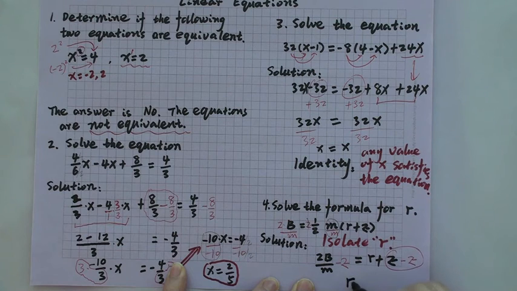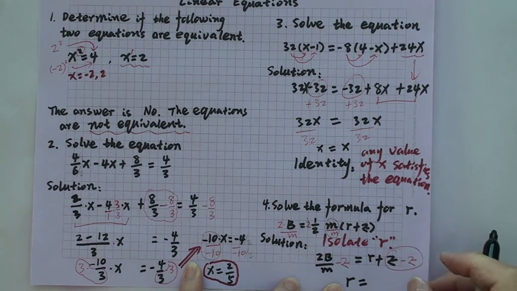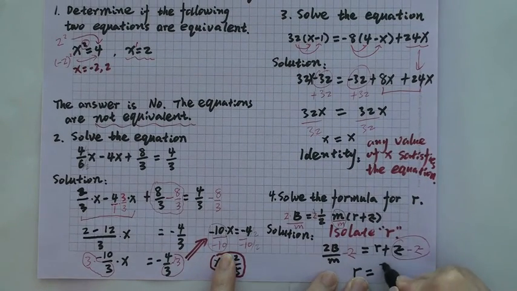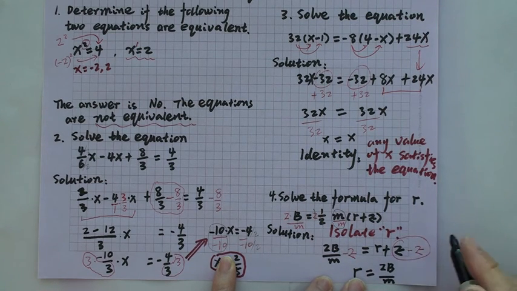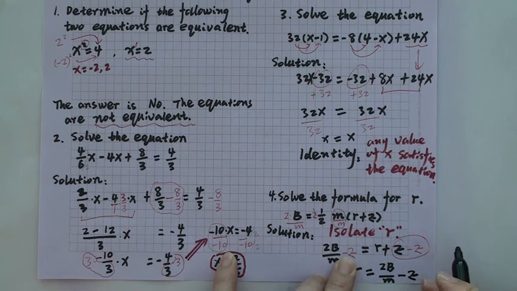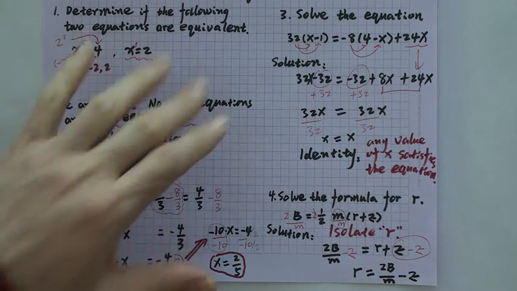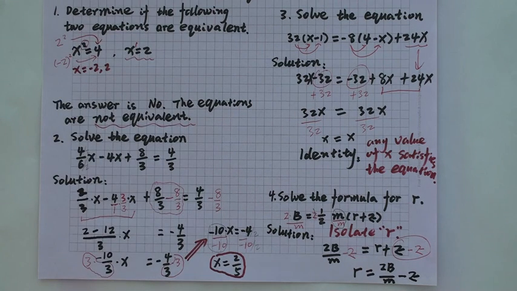Let me write it on the left: the left-hand side is 2b over m minus z. Okay, so that's the answer for all these four questions. I'll see you next time.